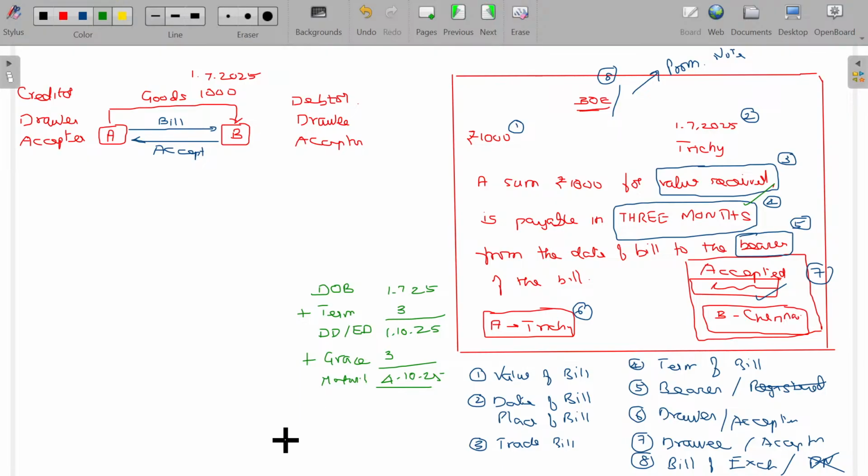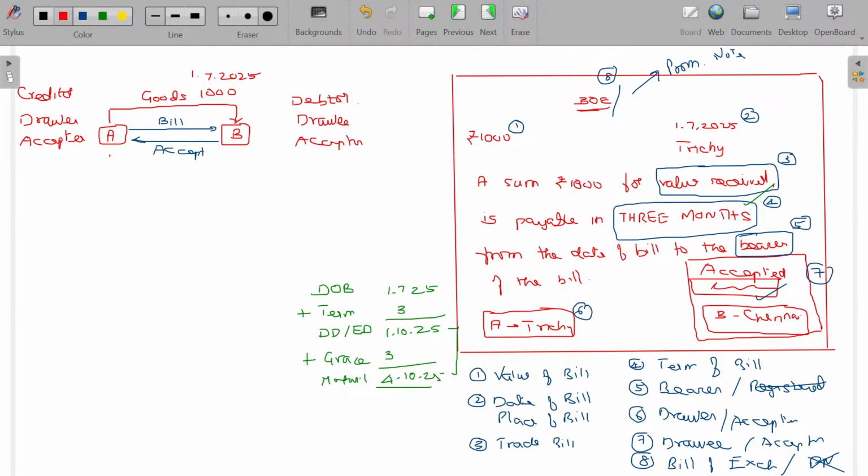So by this date he has to settle. He is given a time cushion of these 3 grace days. So from the date of bill and the term of bill, you finalize the due date, and after adding the 3 days, you get the maturity date. By that time you have to collect the amount.